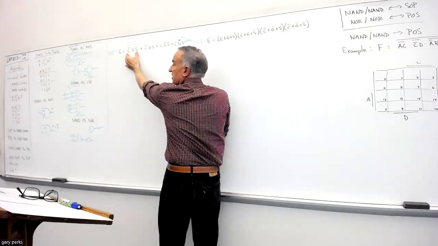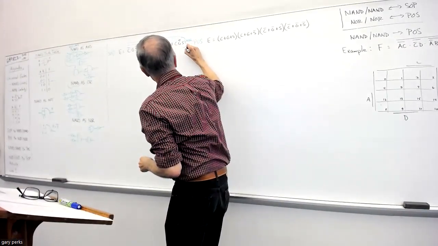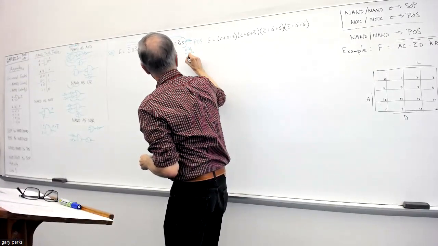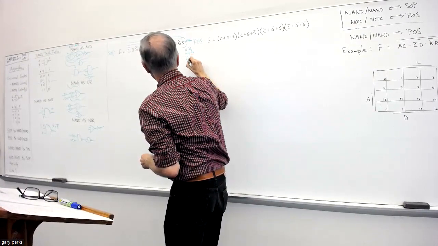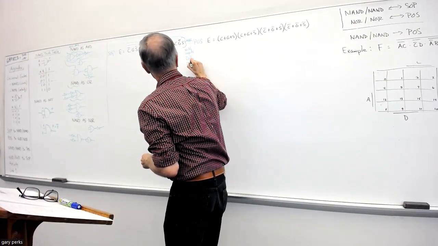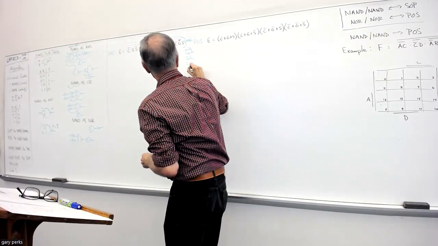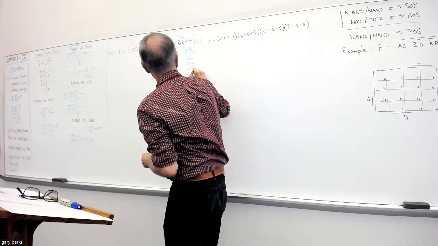And you see our inputs here are these terms. So this is a NOR with inputs not C, G, not S; not C, G, S; C, not G, not S; C, not G, S.